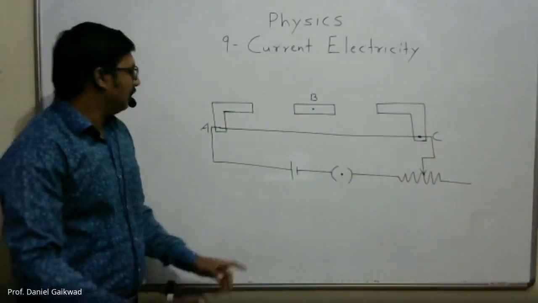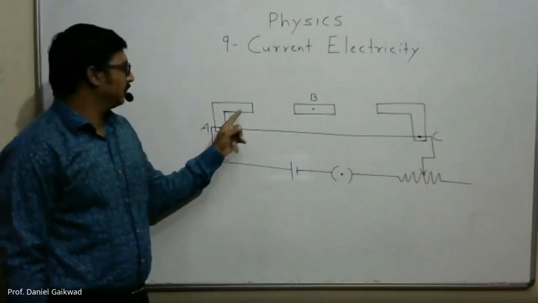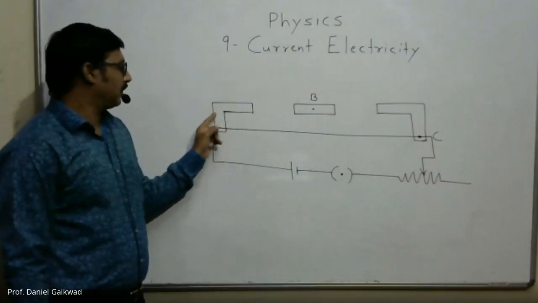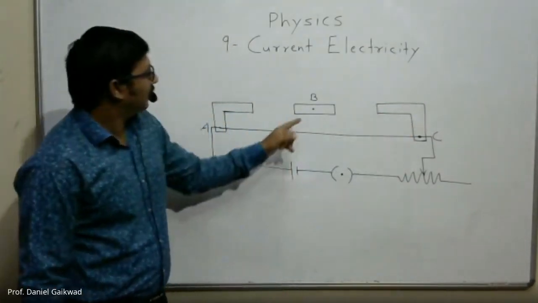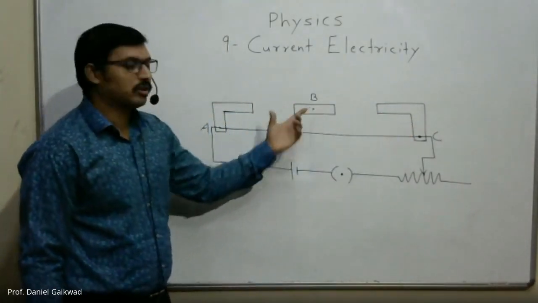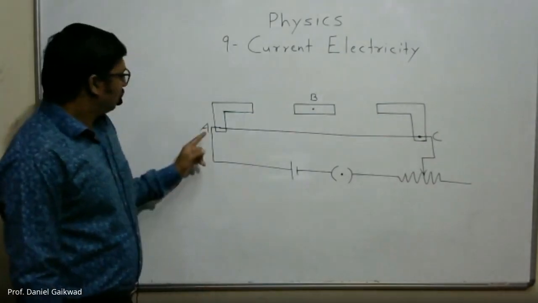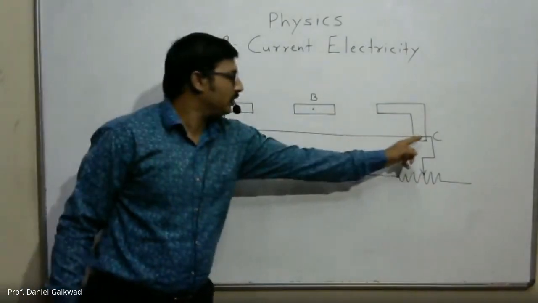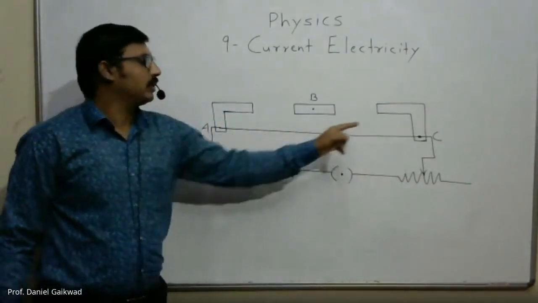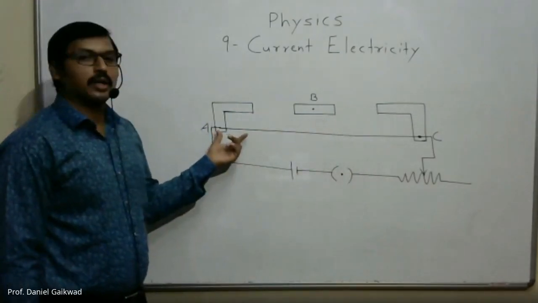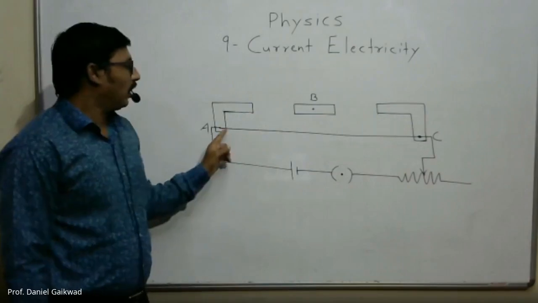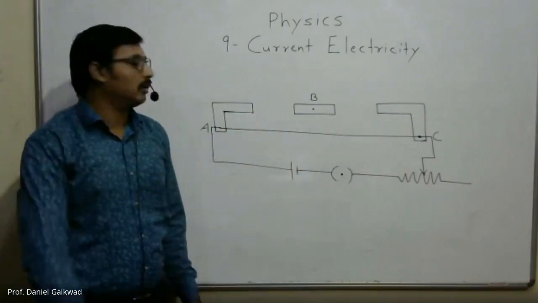Now check here the three metal strips. So this is the first L-shaped strip, the second L-shaped strip, and this is a straight small strip here. Point A and point C are connected with a uniform wire. That wire is of uniform cross section and 1 meter, or 100 centimeter, in length.